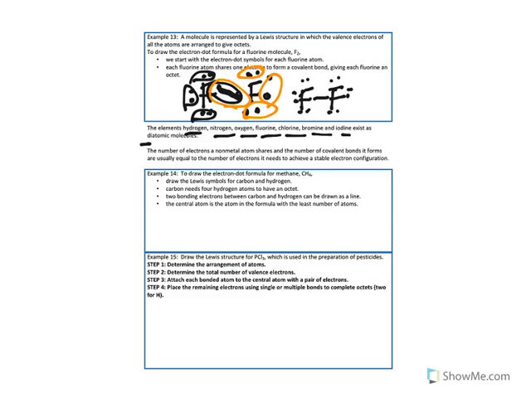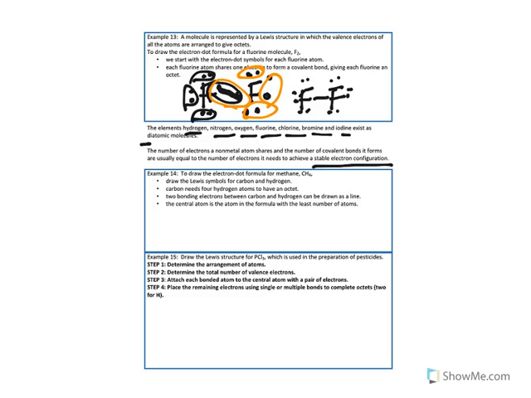They always exist in nature as H2, N2, O2, F2, Cl2, Br2, and I2. Diatomic molecules. The number of electrons a nonmetal atom shares and the number of bonds it forms are usually equal to the number of electrons it needs to achieve a stable electron configuration, which again, for most atoms is 8.